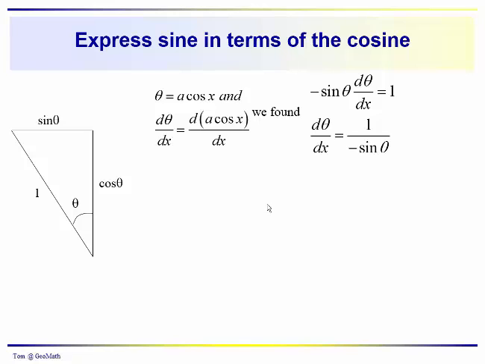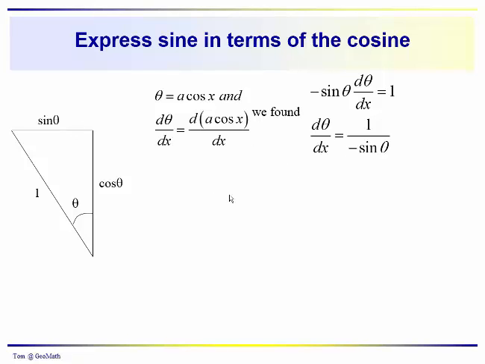Okay, so I assume you took a minute or two to figure that out. We have that theta is equal to the inverse cosine of x, and d theta/dx is the derivative of the inverse cosine of x with respect to x. And this is just what we found: d theta/dx is equal to minus 1 over the sine of theta.